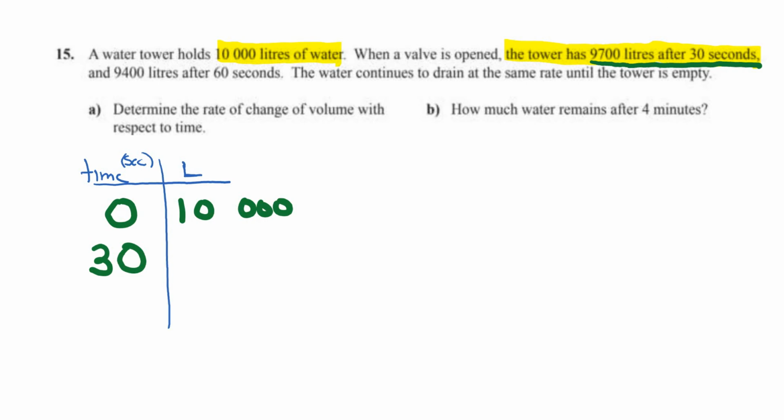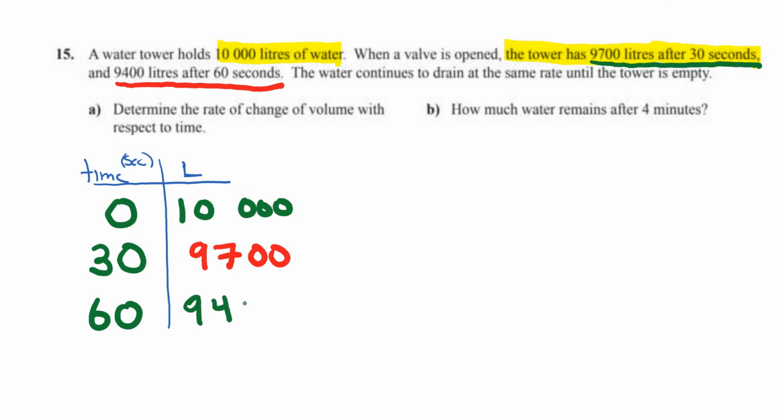And once the water is leaving the tank and we shut the tank after 30 seconds, we have 9,700 liters left. And then we also have 9,400 liters after 60 seconds. So after 60 seconds, there's 9,400 liters of water left.